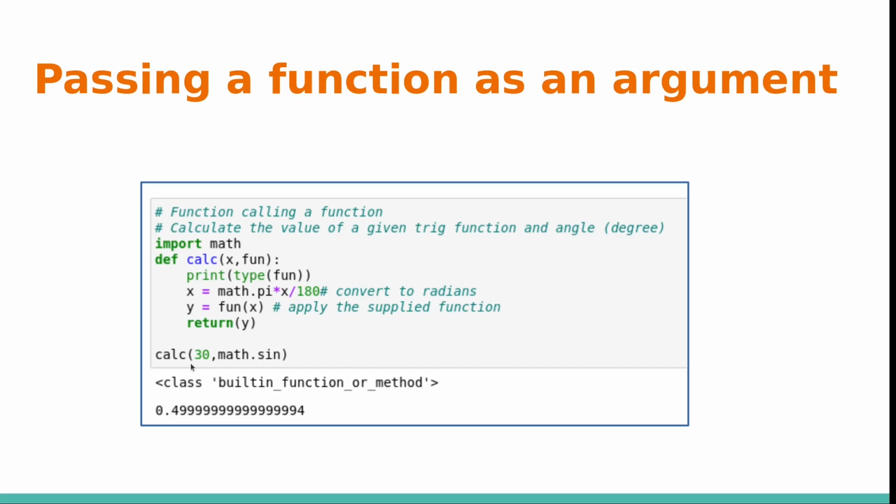For x, it's 30, which converts this 30 degrees to radians and gives it to math.sin. Math.sin of 30 will give me a value of roughly 0.5. It's just some round-off error that you're seeing here. And notice when I print the type of fun inside my function calc, it tells me that it's of the class built-in function or method.